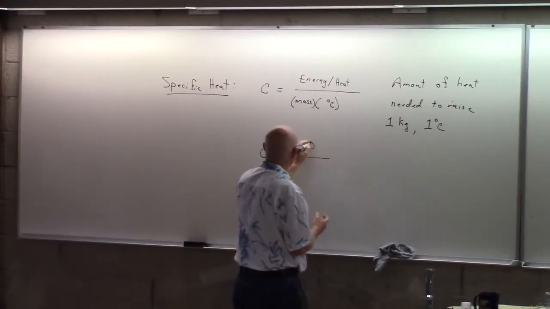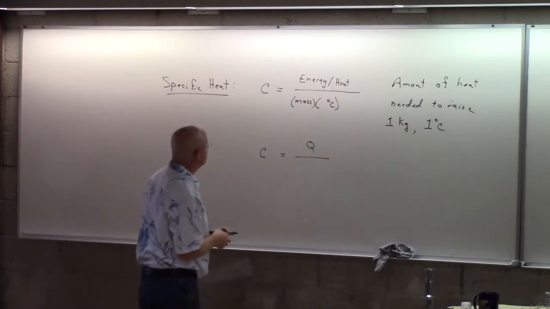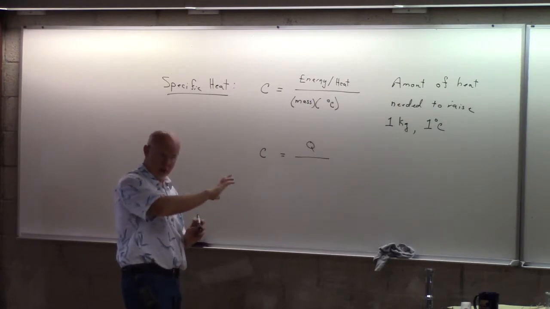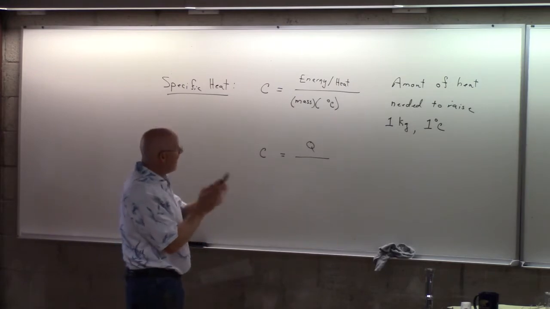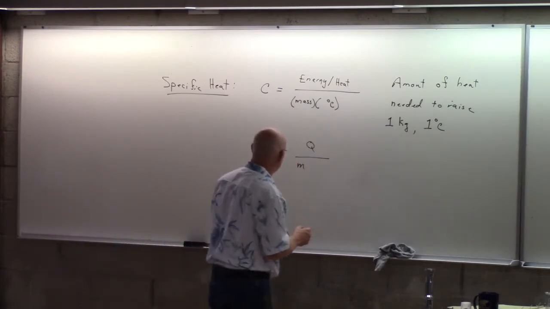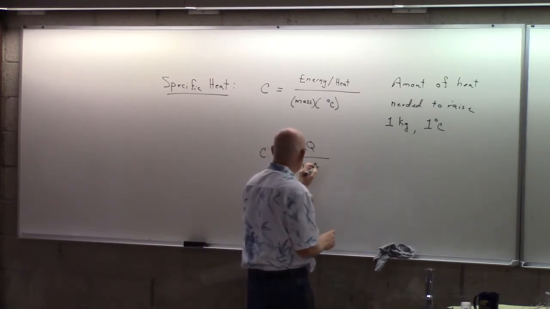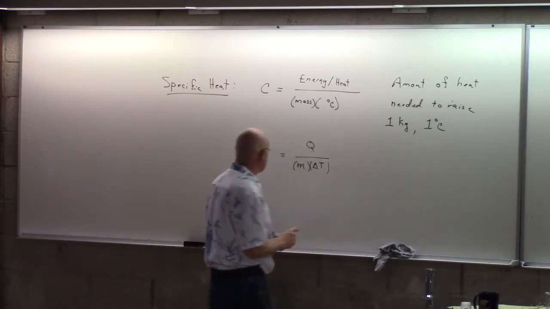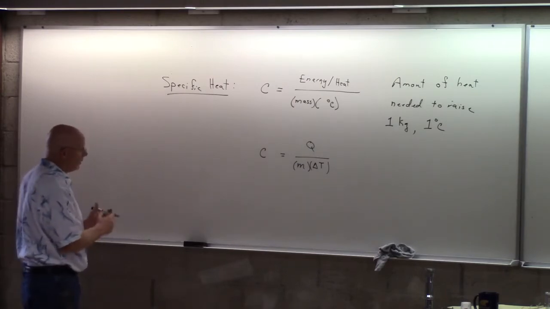Now, in symbol form, it would look like this. The traditional symbol for heat is Q, not to be confused with our fluid dynamics Q, where we did volume per time. But the amount of energy is Q. Of course, the traditional symbol for mass is m, and the traditional symbol for a change in temperature is just delta T. So writing it out as the formula, it would look like this.